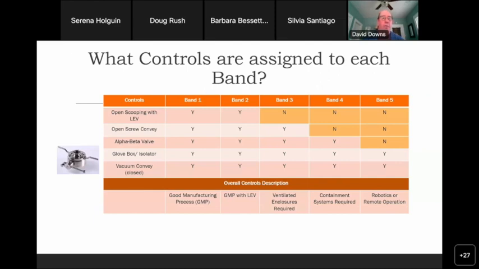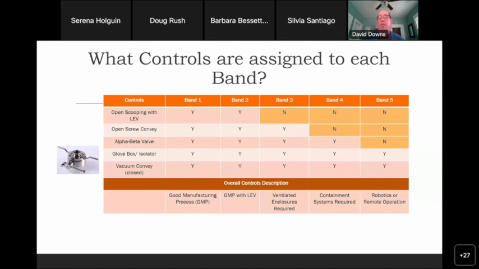So the reason for that is that an alpha beta valve does a good job of enclosing the material. It's a valve that's physically attached to both the supply and the process container or reactor. But in materials that are in band 5, you have to be concerned about the internal contamination of those parts, and having to, how do you change them?